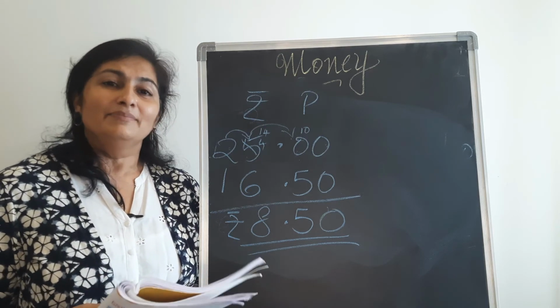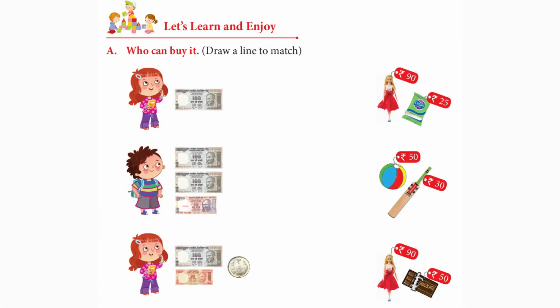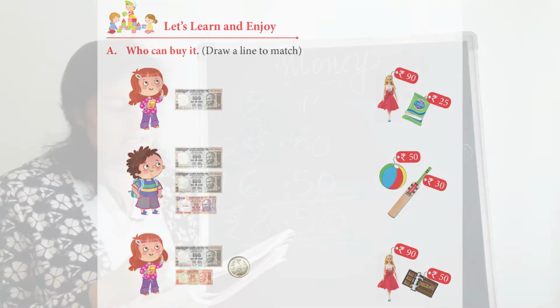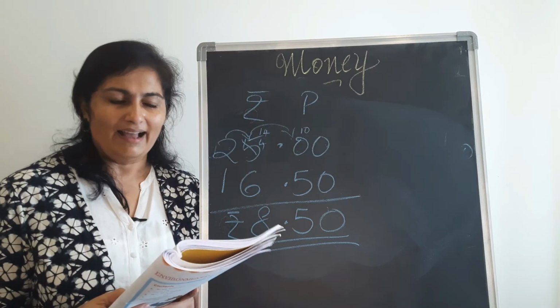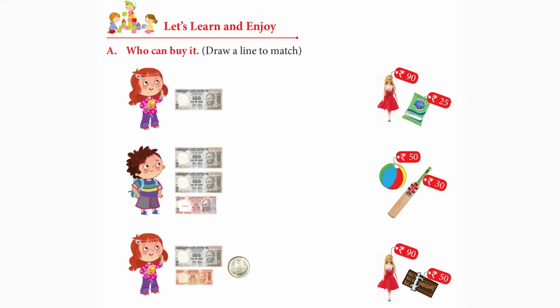Page number 84. Let's learn and enjoy. Look at the line, match the following. You have an object that is given. The children's favorite toys are given in the B column and in the A column, there's the money. So, which one they can buy with the money that they have? The first one is 100 rupees, as you can see.